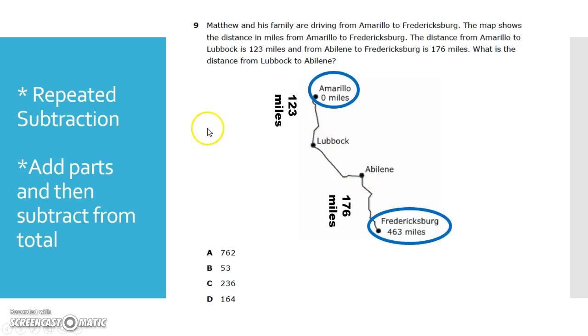To solve this problem, I could use repeated subtraction by starting with Fredericksburg and then subtracting the distance to Abilene and the distance from Amarillo to Lubbock, and the remainder will give me the leftovers that are right here. I also could first add the 2 parts that I do know and then subtract that from the total to give me the missing part on the map. Please use one of these strategies or another to solve this question.